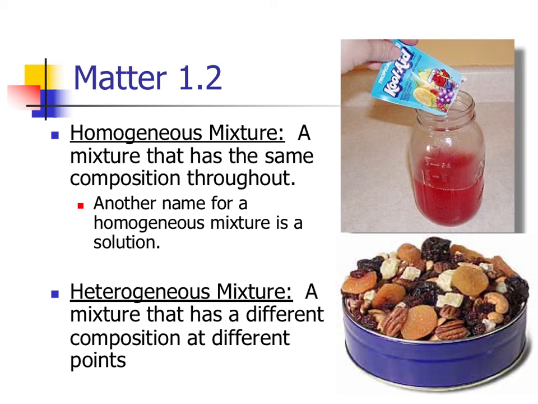So those are two solutions, because you can't see the difference between them. Now, as we go through the class, we will add more and more solutions in the lab, but not answers.